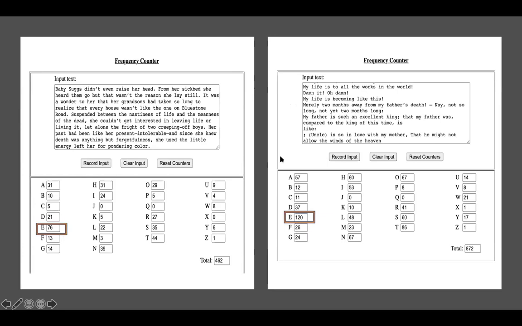So we might assume that the letter that occurs most of the time would be E in plain text if we use the frequency counter to analyze the ciphertext. And for access to the frequency counter, these are just two screenshots from the online frequency counter, so you could basically do it yourself.